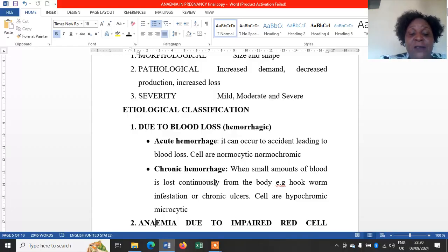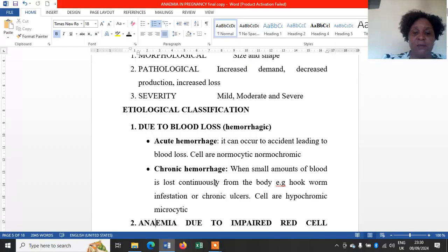And because it is the folic acid which helps in the size, growth, and stature of the red blood cells, if this hookworm is feeding on it, the cells won't be able to grow big enough, so they will remain microcytic. So that is classification due to blood loss.